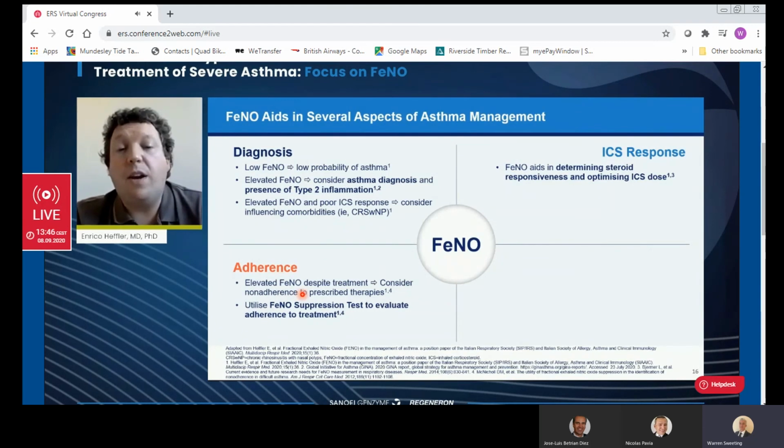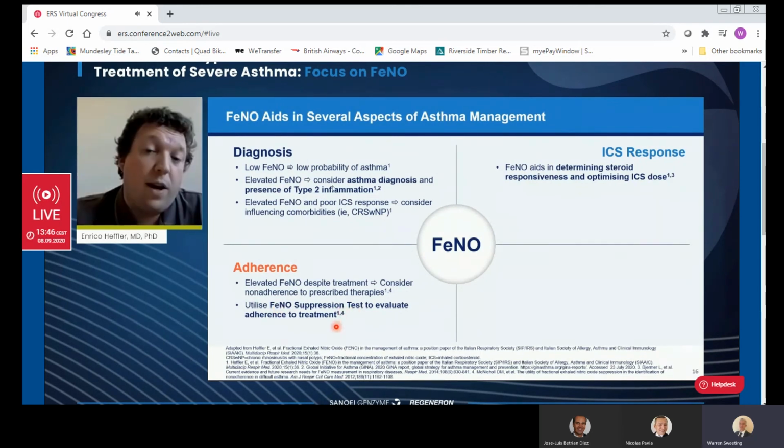So you can use FeNO to test whether the patient is adherent, because when the drug is properly administered, FeNO is supposed to be reduced during the treatment.